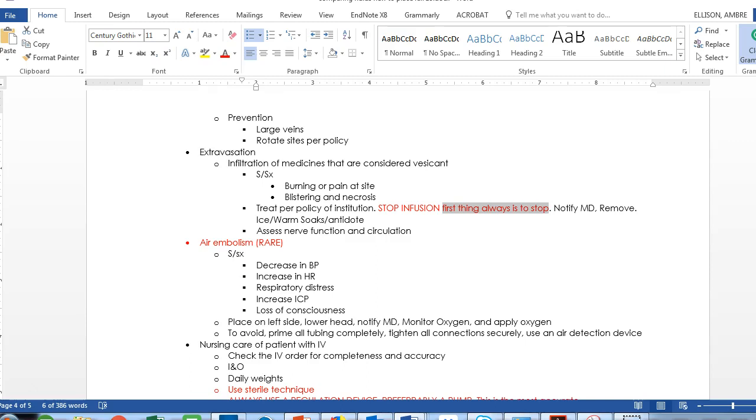Now, certain medicines cause pain, like potassium. Potassium can be a vesicant if it infiltrates. So if potassium burns, we need to assess our site and make sure that it's not infiltrated, and decrease our rate after we assess it and make sure that there's not a problem with the IV.